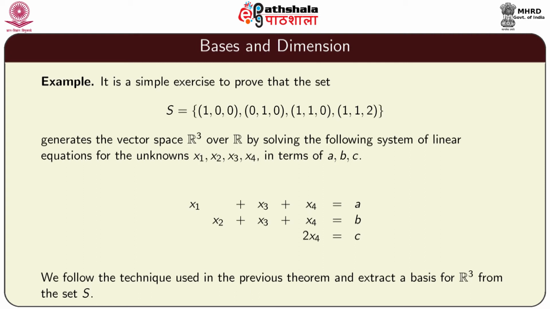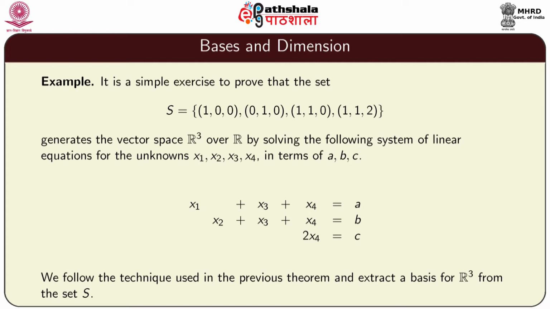Now, first of all, this set S is indeed a spanning set for the vector space R3 over R. How do we prove this? We want to show that if we take any 3-tuple (a, b, c), then it can be expressed as a linear combination of the given 4 vectors.